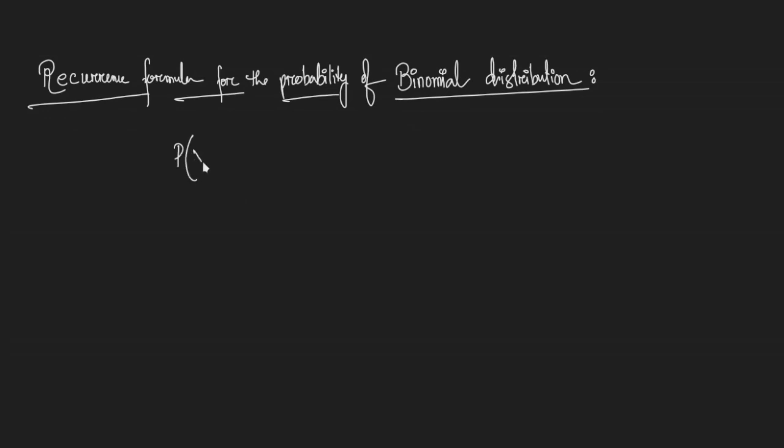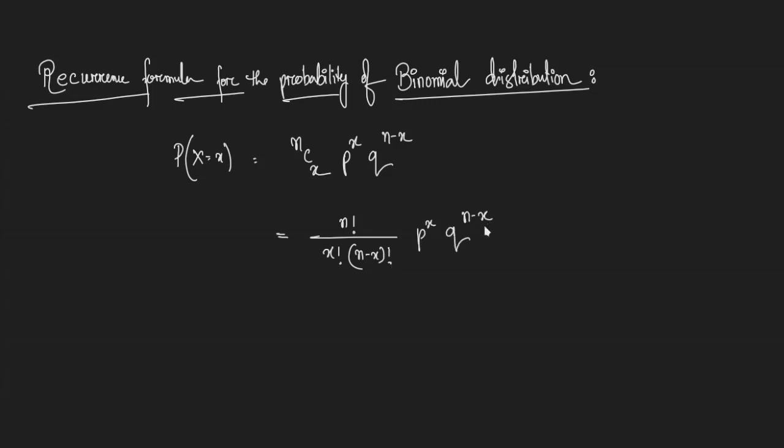So we know probability of x equal to x is nCx p to the power x q to the power n minus x, right? So this can be written as n factorial over x factorial n minus x factorial, p to the power x q to the power n minus x.